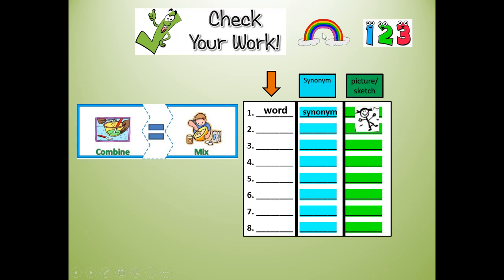So you can either write all your 8 words and then rainbow write them 3 more times, or you could have written the words once, written a synonym in the second column, and then a quick picture or sketch in the third column.